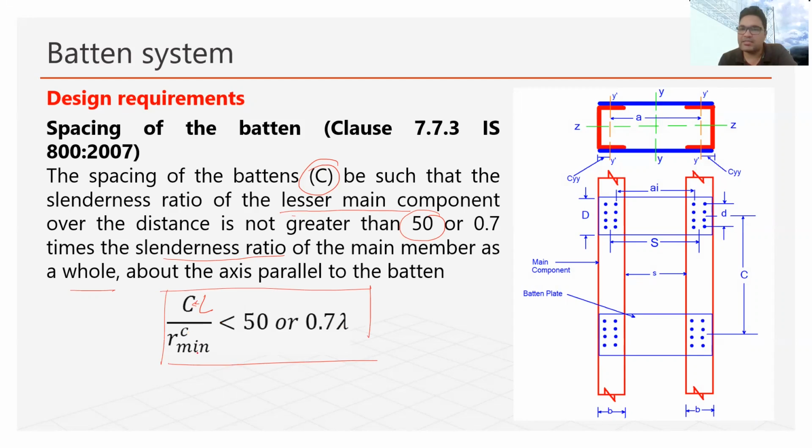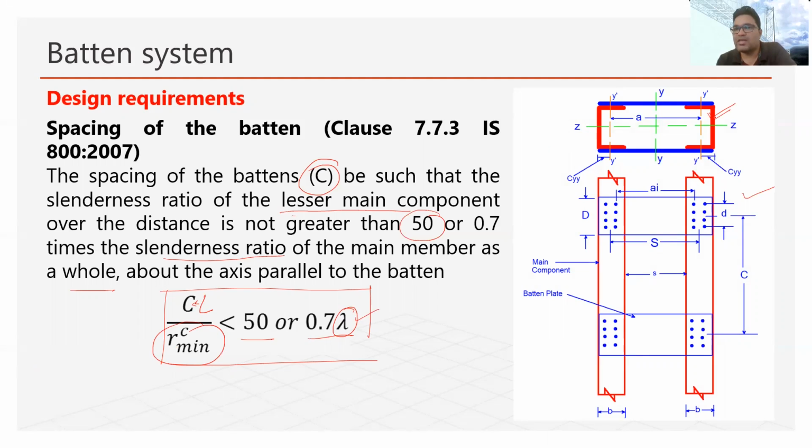So C by RC minimum should be less than 50 or 0.7 times lambda. This lambda is the slenderness ratio of the whole column, which is KL by R, the effective slenderness ratio of the column. And this RC minimum will be the minimum radius of gyration for the individual component, say this channel section.